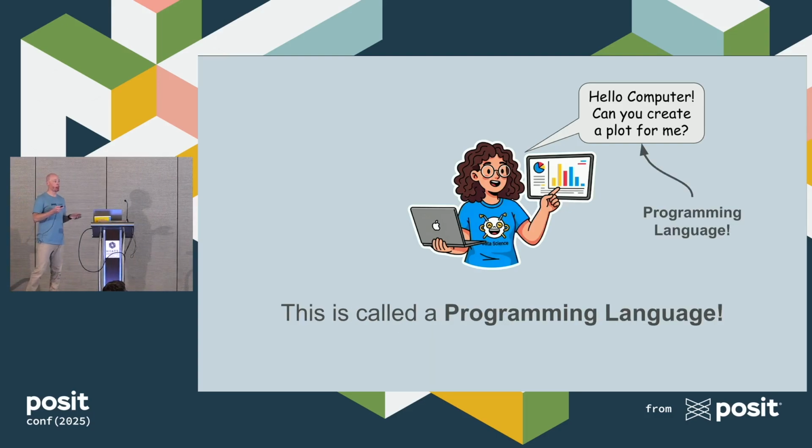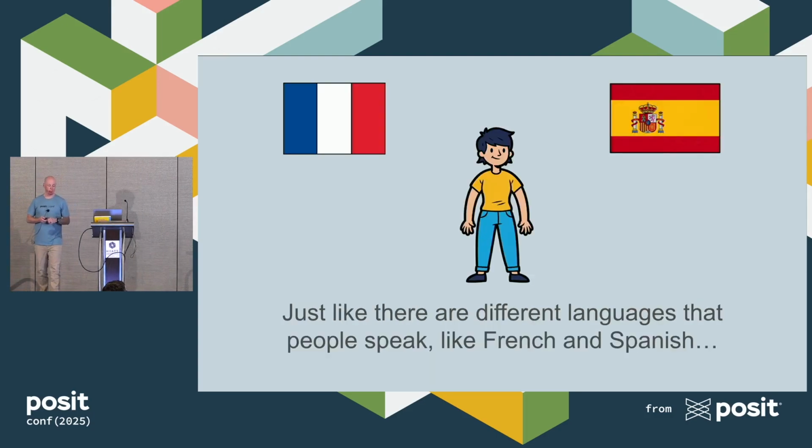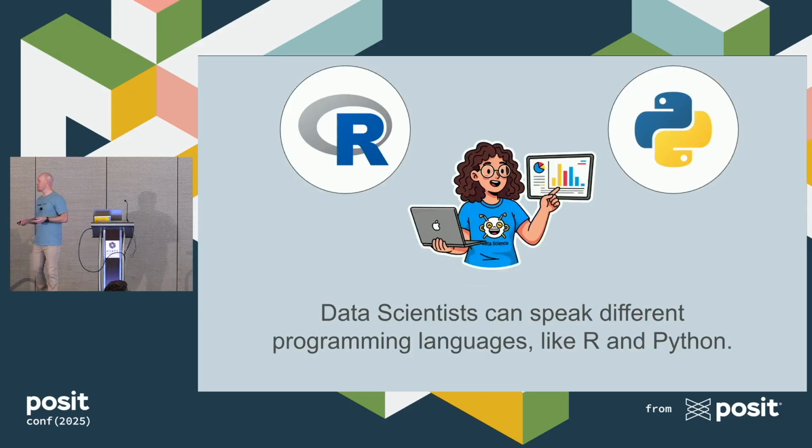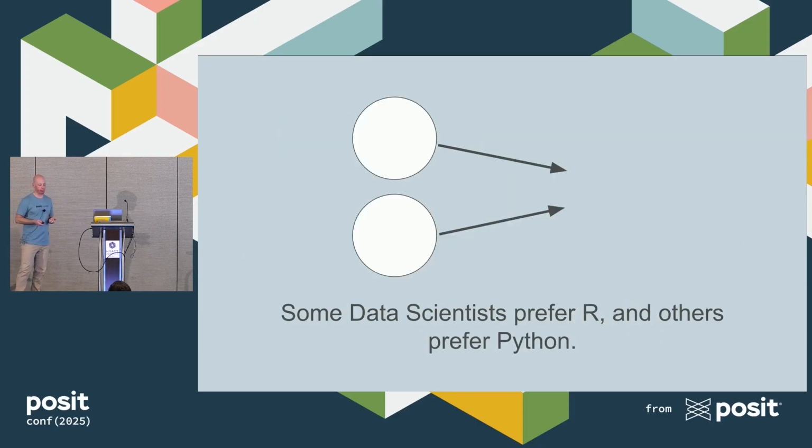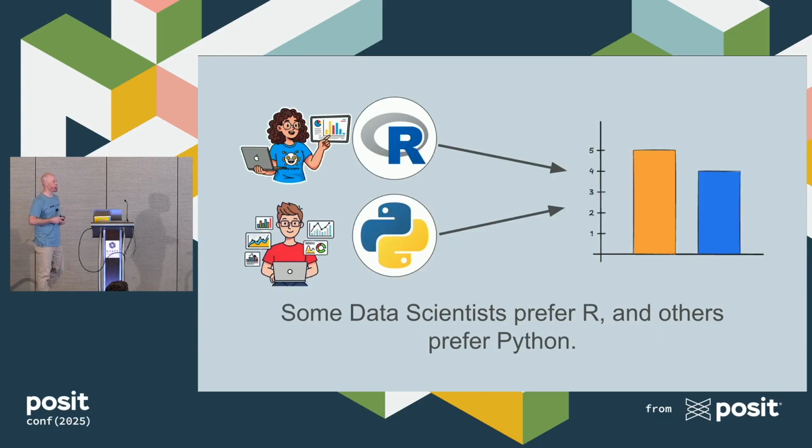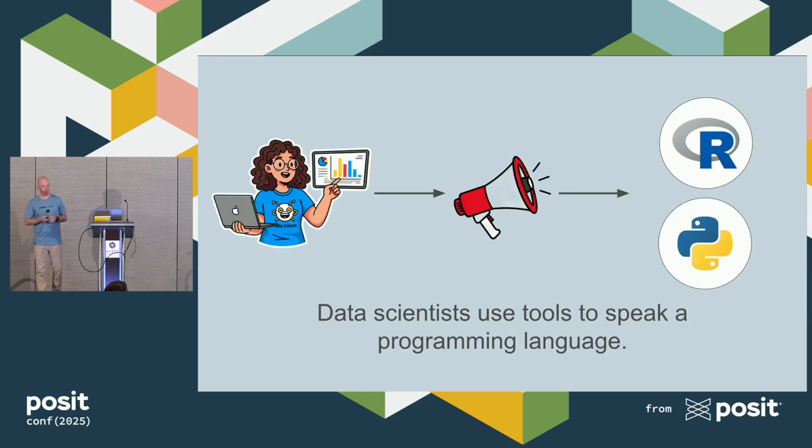This is called a programming language. And just like different languages people speak, like French and Spanish, data scientists can speak different programming languages, like R and Python. Some data scientists prefer R, some data scientists prefer Python.